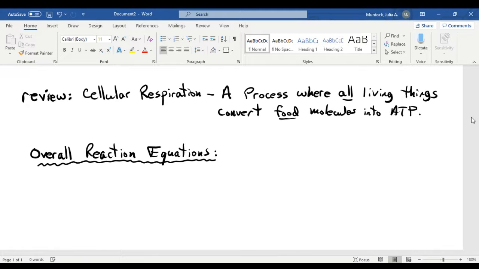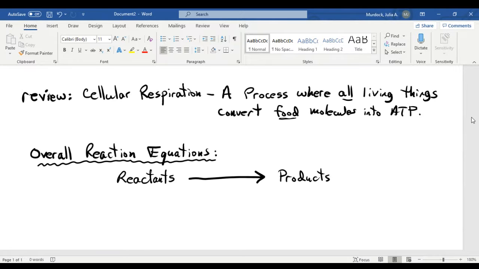So a reaction equation, remember, is something where you start with reactants on the left, which are the beginning molecules that you're starting with. And they go through a chemical change, which is usually represented by an arrow, and they are turned into products, right? And there might be energy changes in there. There might be inputs and outputs of energy and other ancillary things going on, but that's basically it. That's what an overall reaction looks like. You can have reactants on the left that are changed through a chemical reaction, which is what the arrow is, into products on the right.